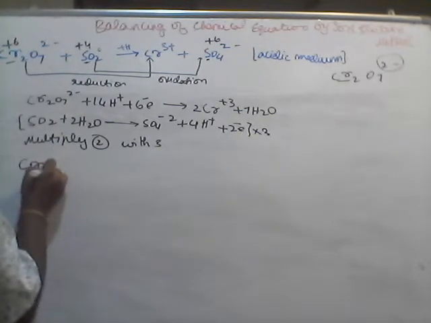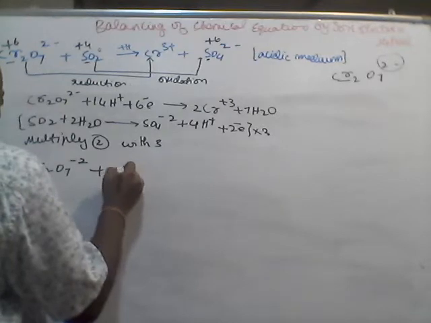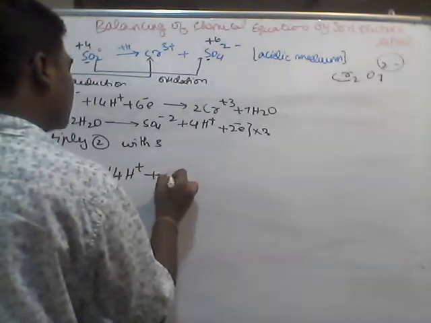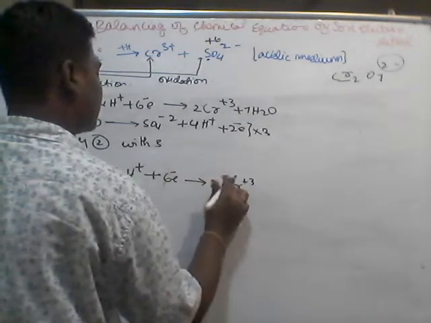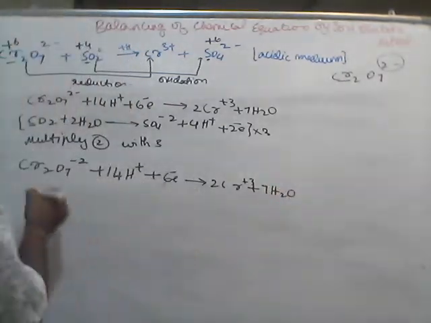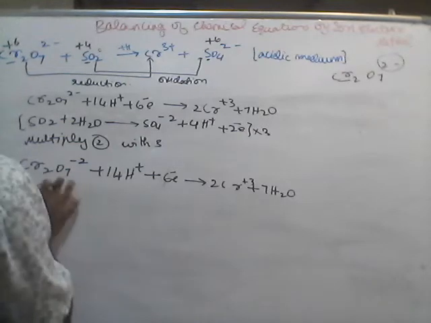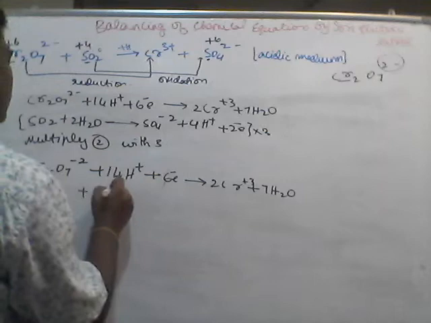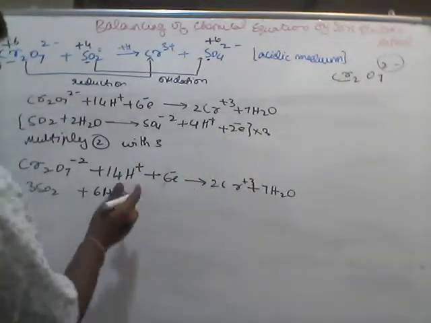So again, Cr2O7 minus 2 plus 14H plus plus 6 electrons gives 2Cr plus 3 plus 7H2O. 3SO2 plus 3 2s are 6H2O. You have to multiply this 3 with all the elements present in the reaction.